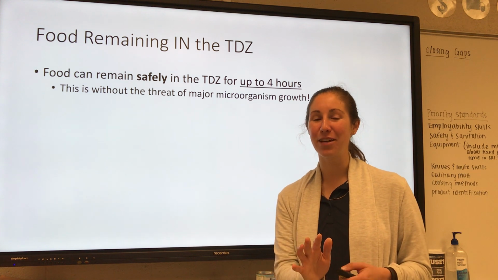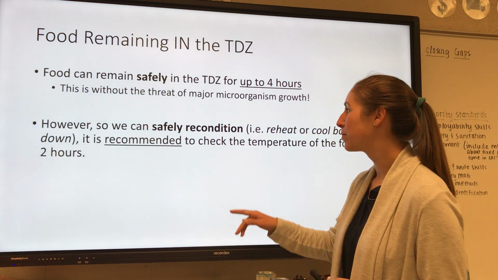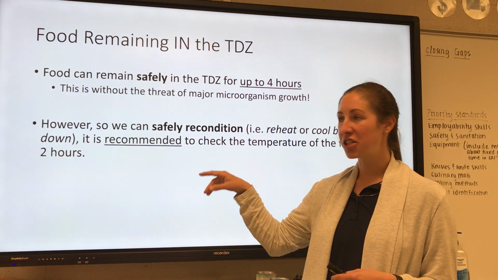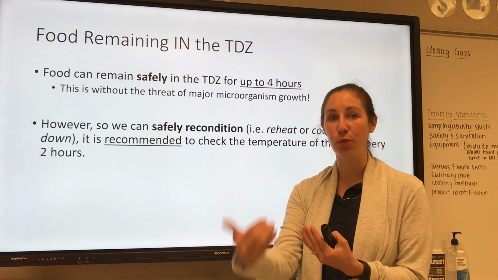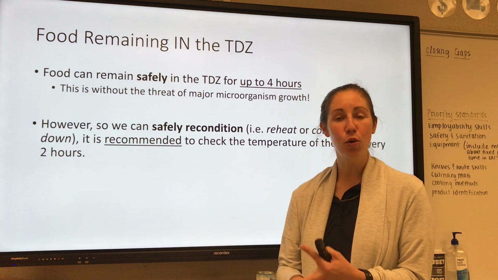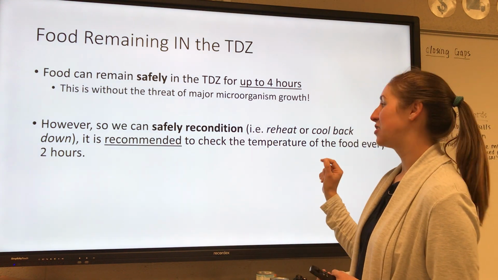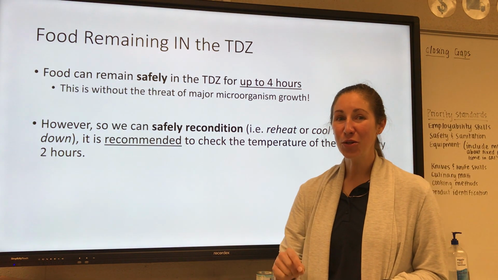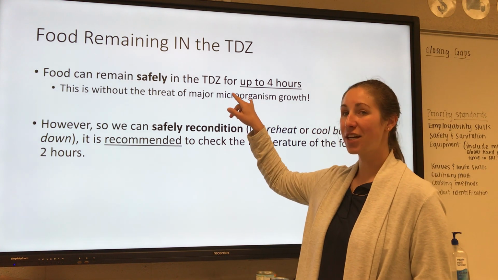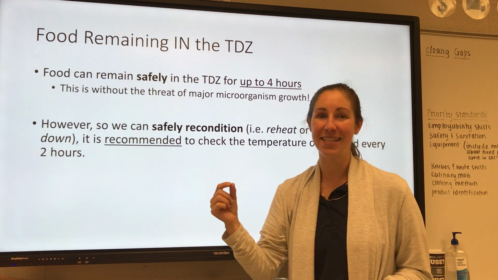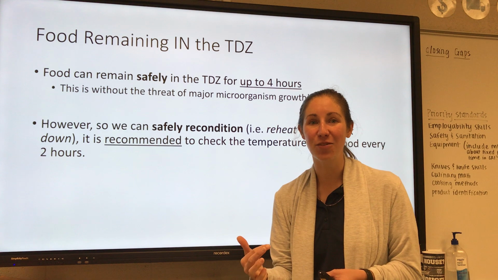However, and this is where I think we got a little confused, to safely recondition, for example, if we need to reheat a dish or cool a dish back down, it is recommended to check the temperature every 2 hours. If we check the temperature at 4 hours and it's at the wrong temperature, we have to throw it out.